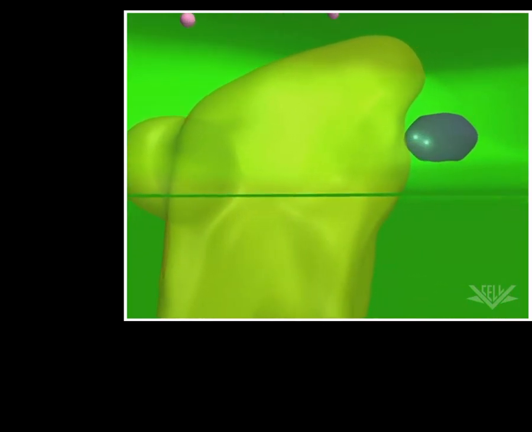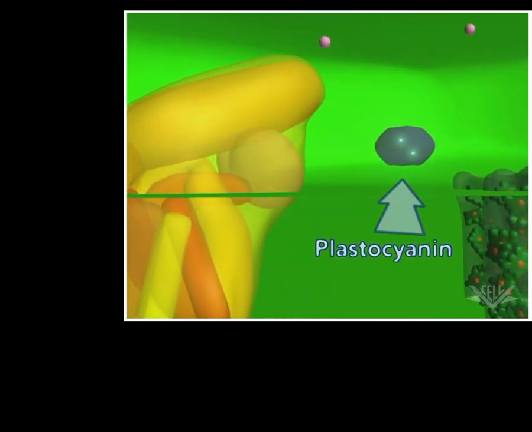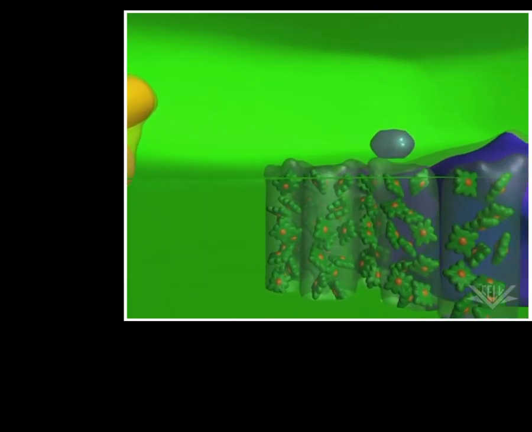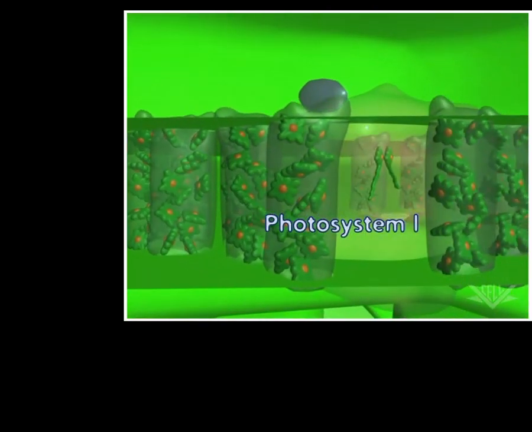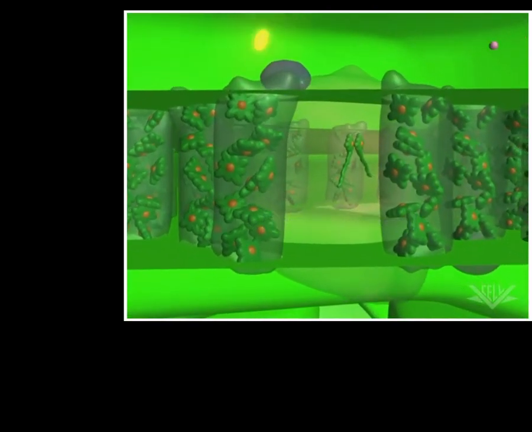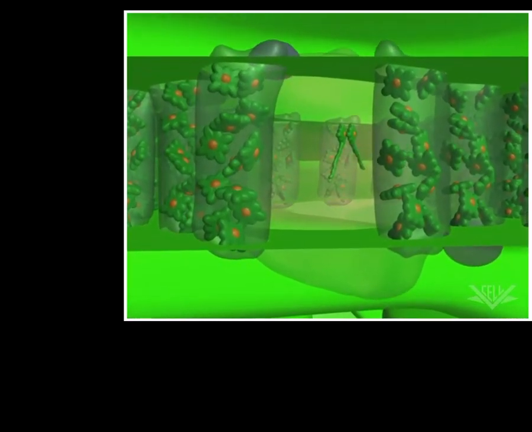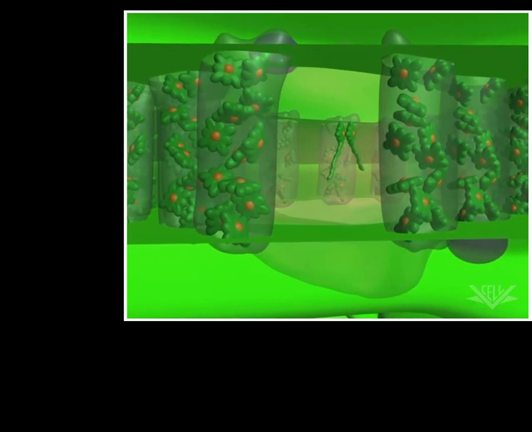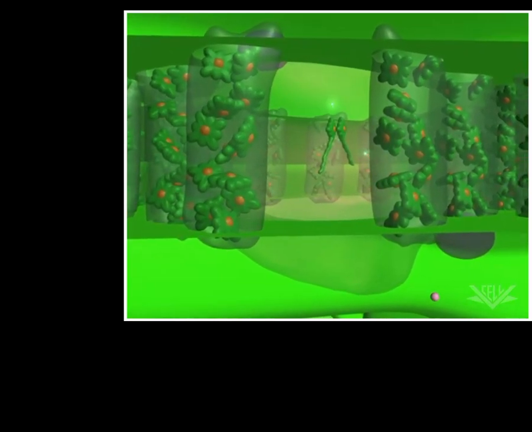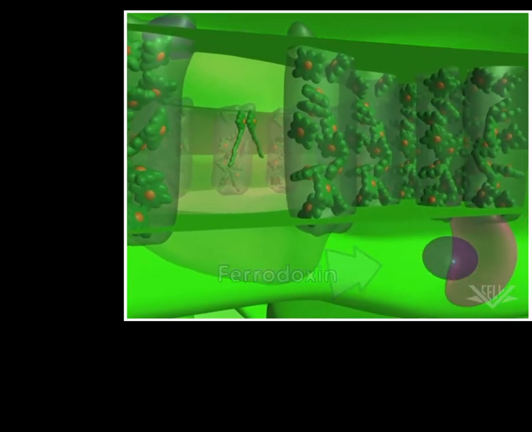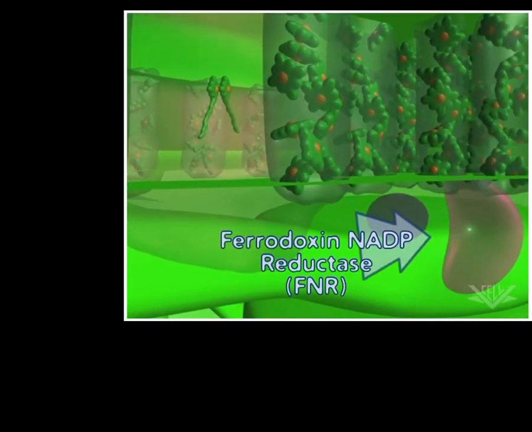The electrons are next transferred to plastocyanin, another mobile carrier. Next, the electrons are transferred from plastocyanin to the Photosystem I complex. It is here that photons again energize each electron and propel their transfer to ferredoxin. Ferredoxin then transfers the electrons to the ferredoxin NADP reductase, also known as FNR.